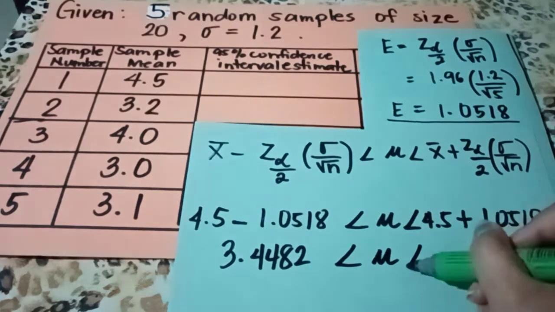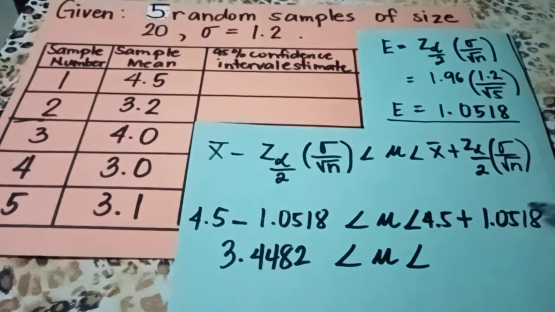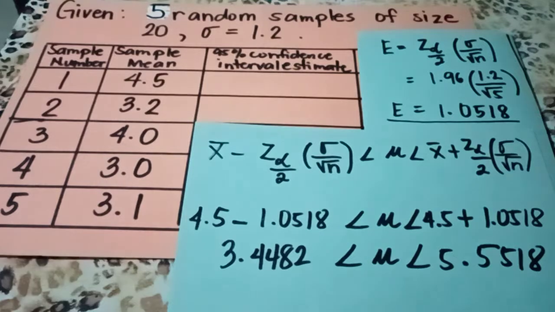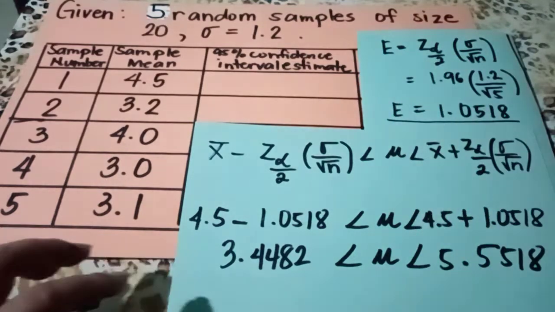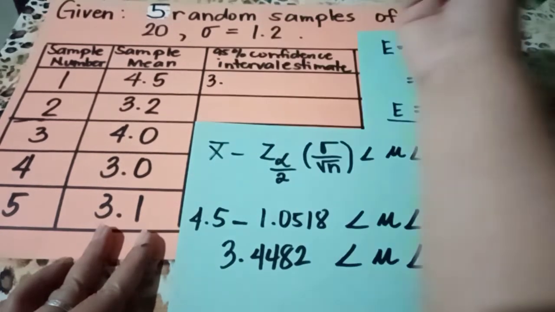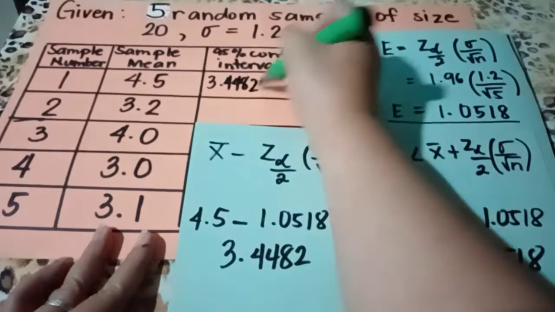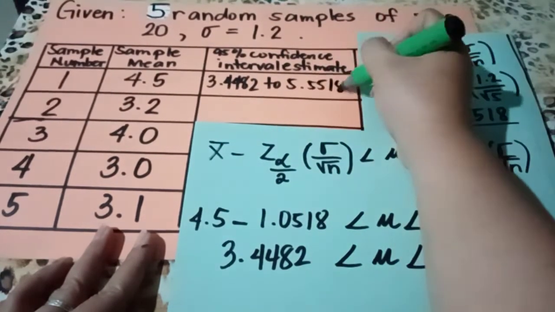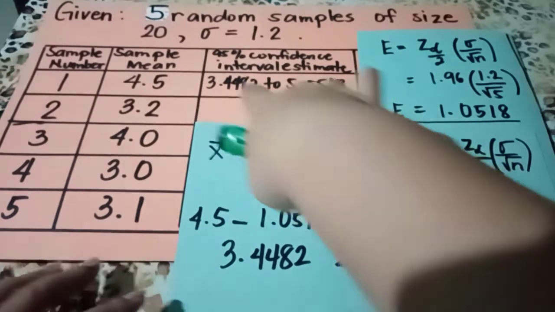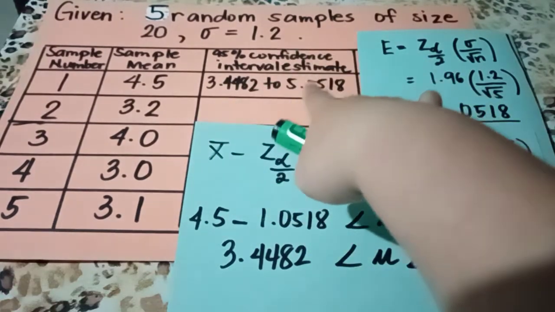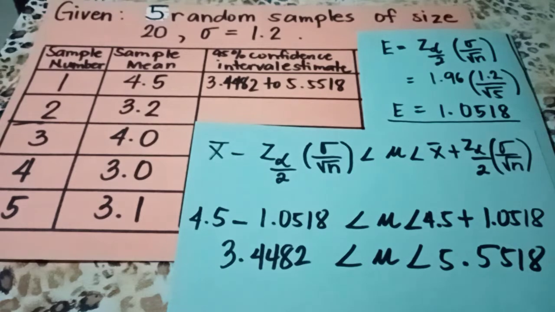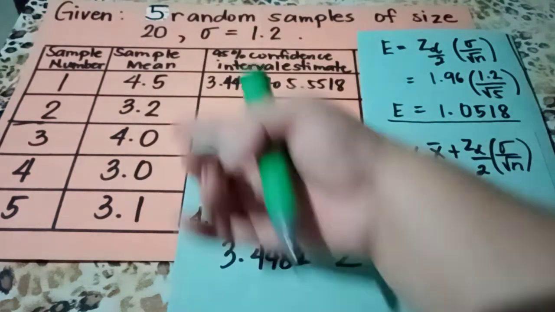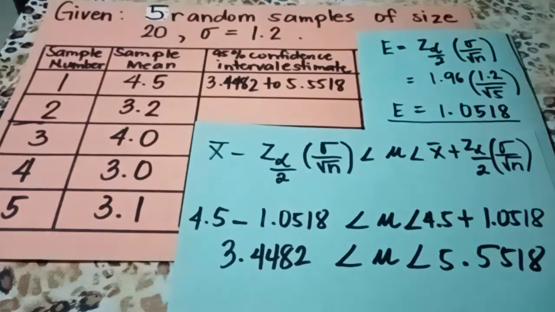And if you add 4.5 plus 1.0518, we have 5.5518. So therefore, class, the interval estimate is 3.4482 to 5.5518. So our mean is greater than 3.4482, but it is less than 5.5518. Continue the process until we get the 95% confidence interval estimate up to this sample mean.